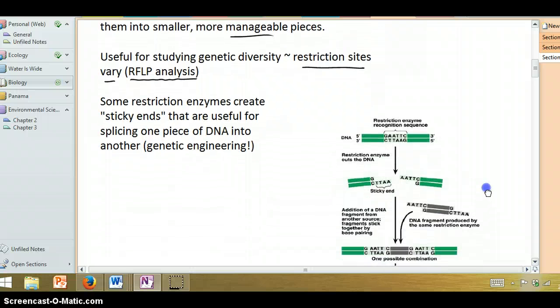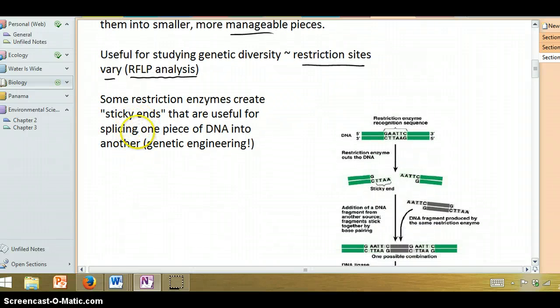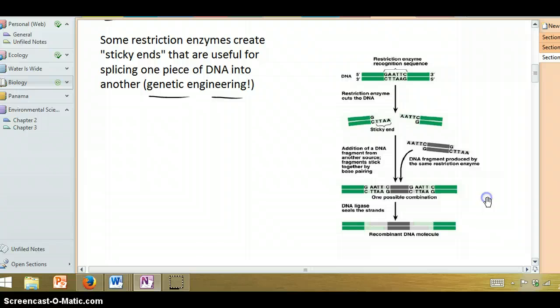And so, as I said previously, these sticky ends are quite useful because they allow for the moving of DNA between individuals, even between species, and for the process of genetic engineering. So, as this example shows, you may have this piece of DNA, and this DNA would go on in this way and this way, but you notice there's this EcoR1 restriction site here.